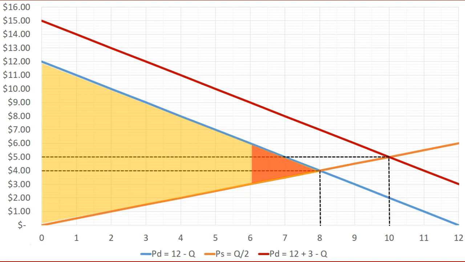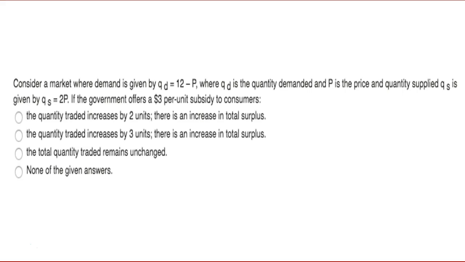Now if we look at the options that were available to us to choose from, if we go back to the original question, which is the correct one? The quantity of traded goods increases by 2 units. Well, that's true. There is an increase in total surplus. That is untrue, because we know that the total surplus is actually smaller because a deadweight loss has been created, which kind of cuts off the nose of the economic welfare in the free market equilibrium scenario.